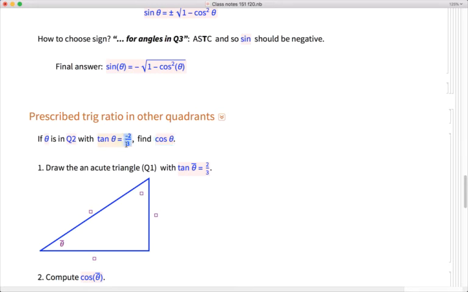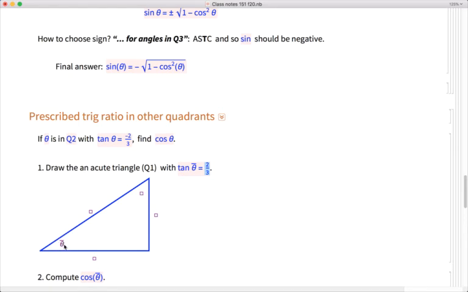Okay, so this is how you go about a problem like this. The first thing you do is ignore the minus sign. What you're going to do is draw the acute angle in quadrant 1 that has a tangent of positive 2/3, right?